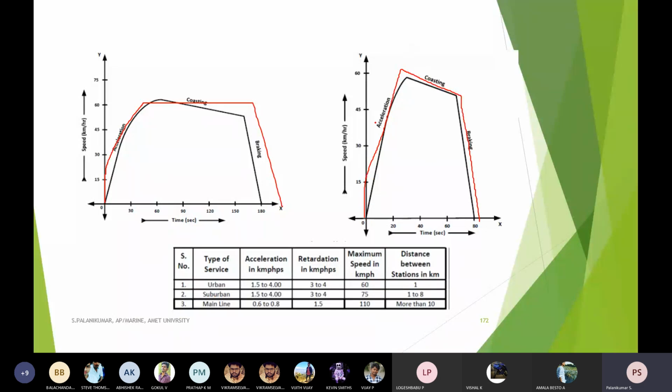If I have to calculate how much time and how much speed, I am able to fit it in a fixed shape only.